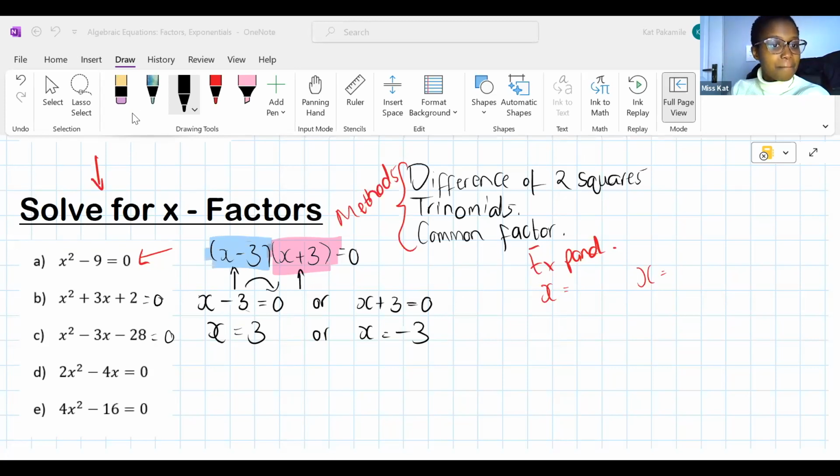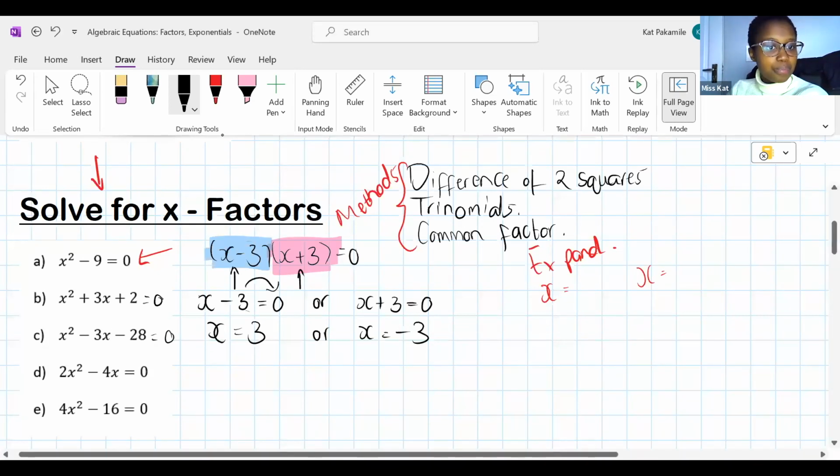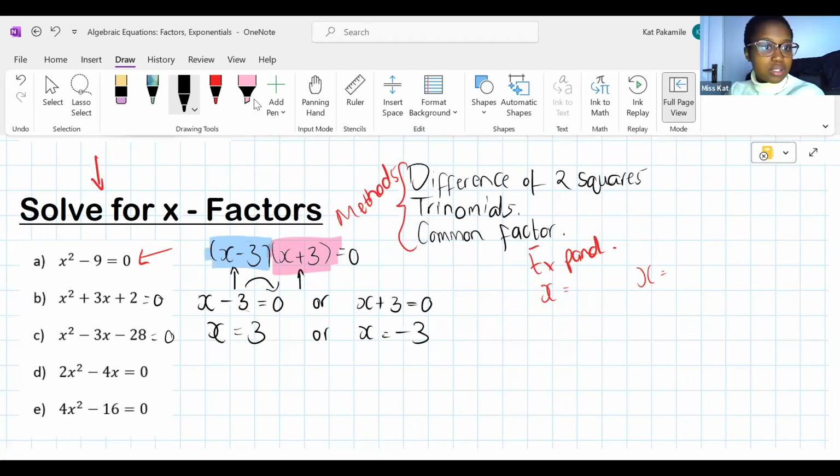Ma'am, I have a question. How did you get negative 3? This 3 is what when it's on the left? Is it negative or positive? Check there. Ma'am, it's x is equal to 3 or x is equal to negative 3.